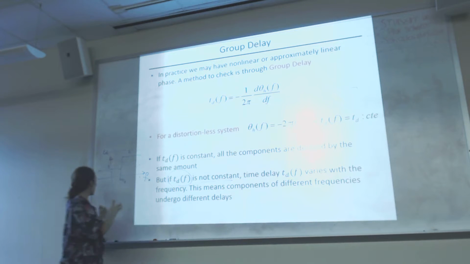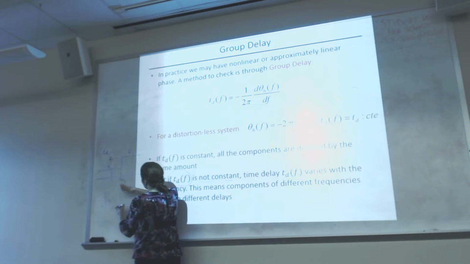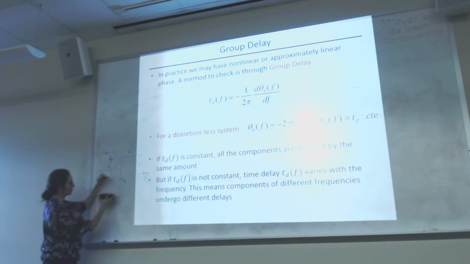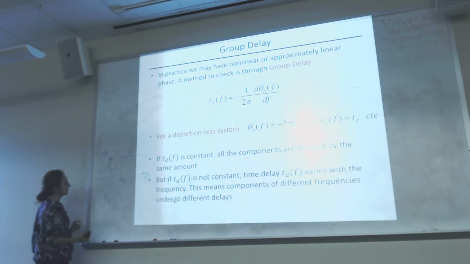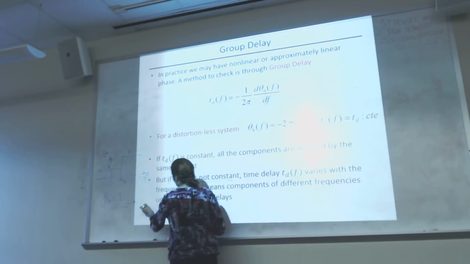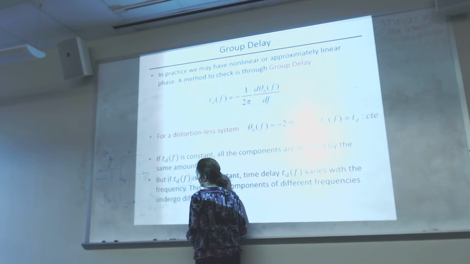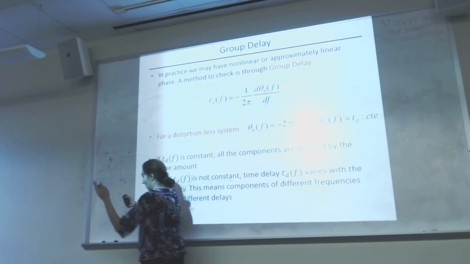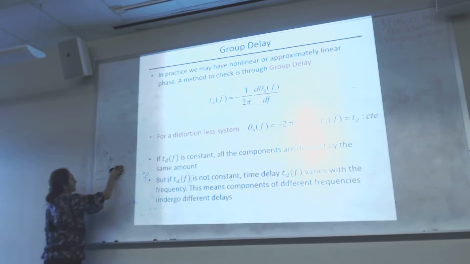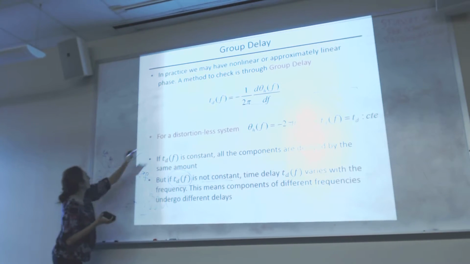So now if you have a signal which has different frequency components, each component will be delayed a different amount. So what you are going to get is something totally different. It's not just a shift. We're going to see it in one example. Or you can have even worse than that.